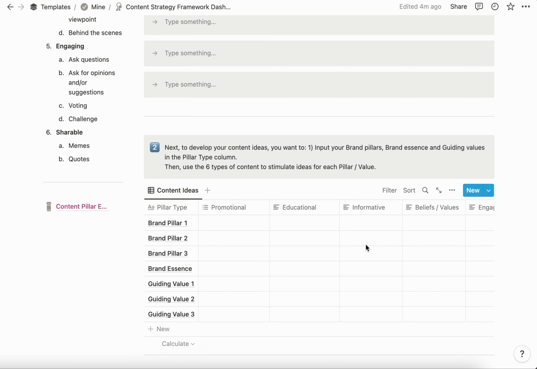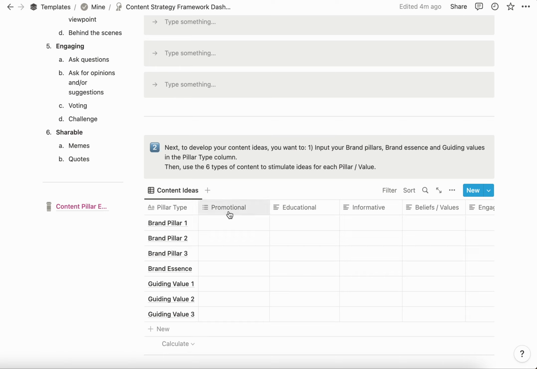So what I do whenever I need to be creating content is I look at my brand pillars. My brand pillars are charge a premium, become the authority, and the third one is to generate predictable leads and close more deals.